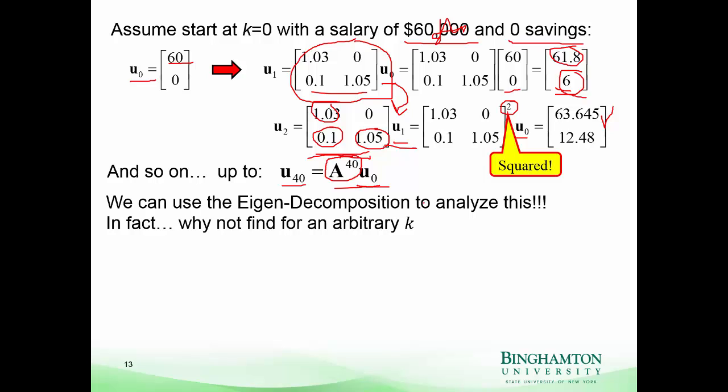Well, it turns out that we can use the eigen decomposition that we talked about to analyze this. So we can write A as S inverse times lambda times S. Actually, did I get it backwards?